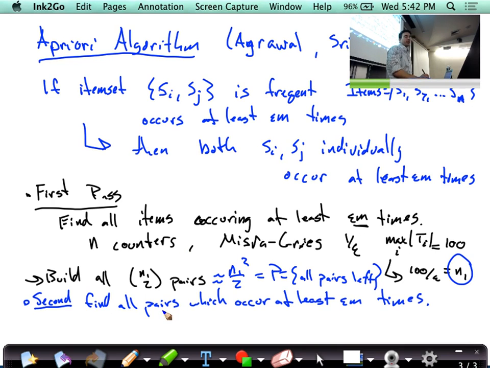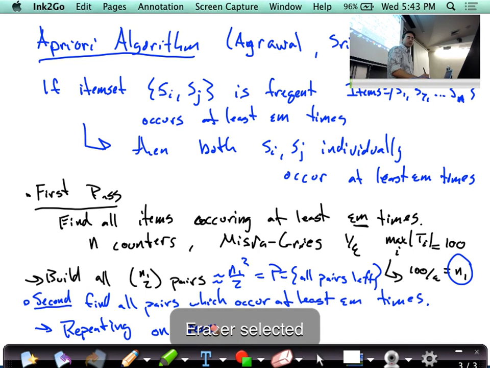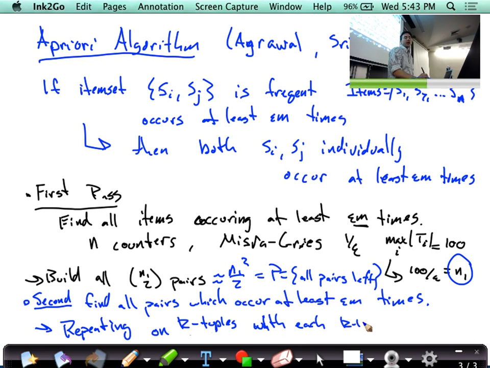So then you just keep repeating on k-tuples with each k minus 1 subtuple that was surviving. You can repeat this process over and over again, and you're guaranteed to find everything. But you're pruning the search very effectively. So it's a clever way of pruning this.